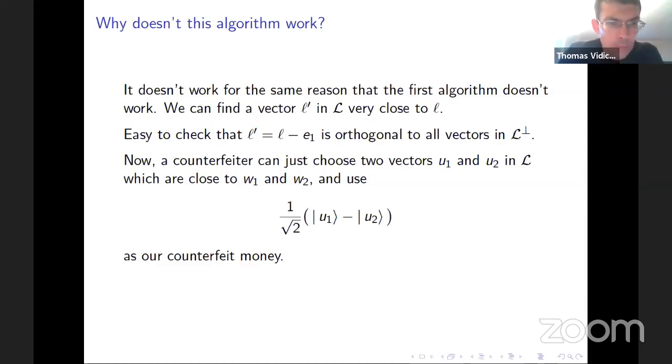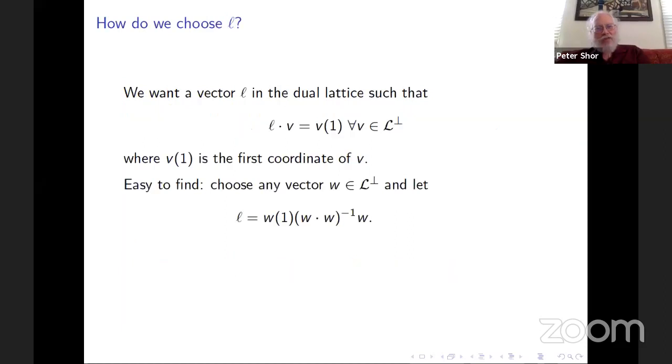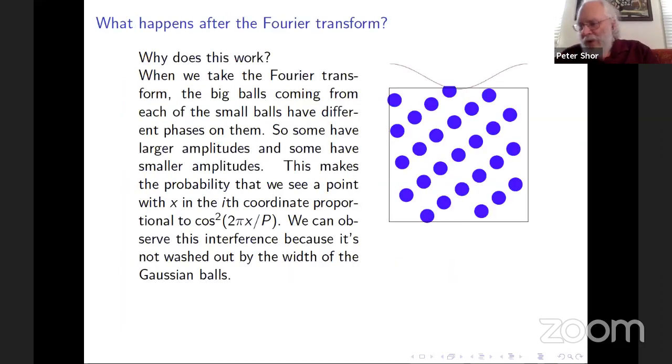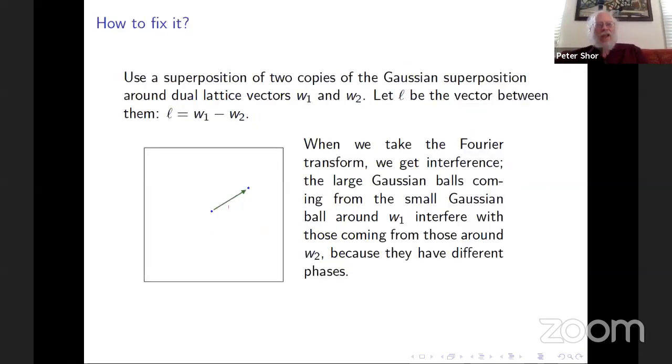Good. So there's one thing I haven't told you about, which I see I have enough time left for. I should have put it in my slides, but I didn't think I would have that much time. The question is, how do we make this superposition of dual lattice vectors W1 and W2? And the answer is that we compute the state alpha 0 plus beta, alpha 1 over root 2, 0 plus 1.